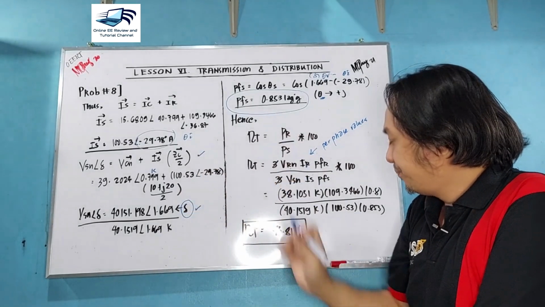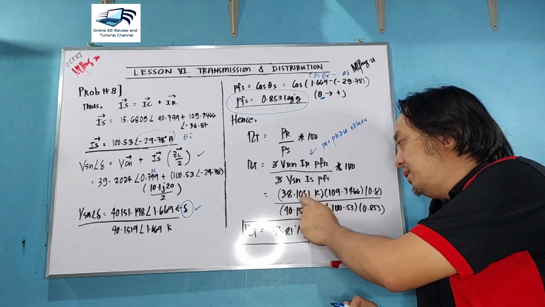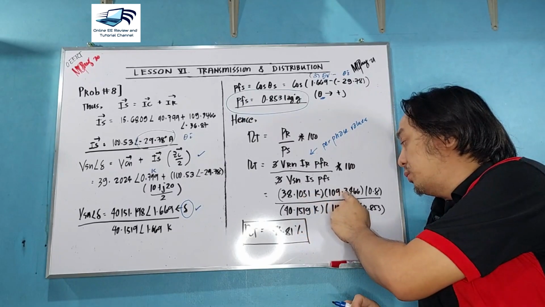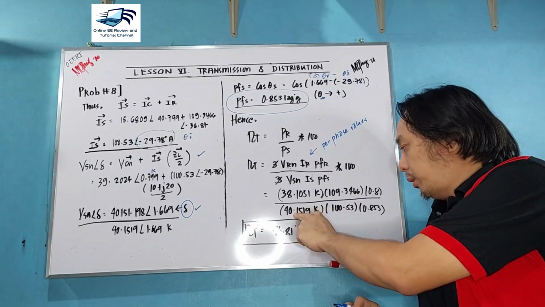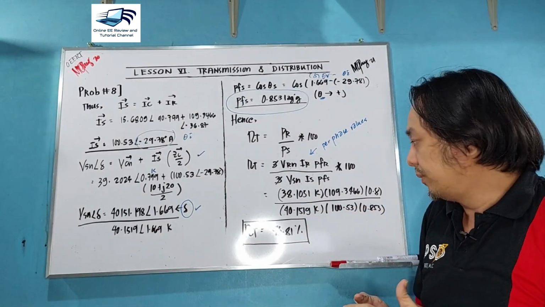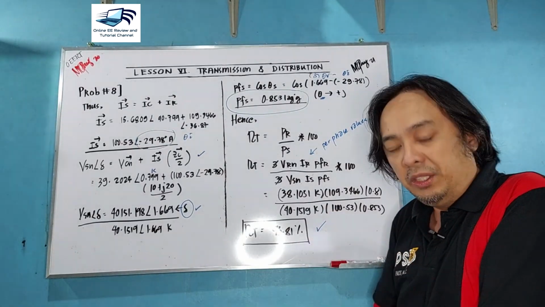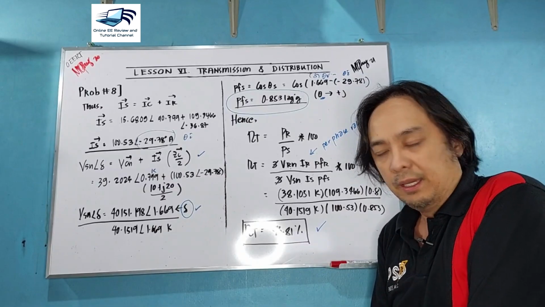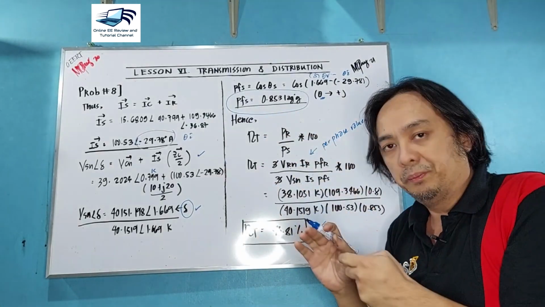So just use all of the computed values: 38.105 kilo times 109.3466 times 0.8, and then 40.159 kilo times 100.53 times 0.853. Doing the math here, you have 96.81%.